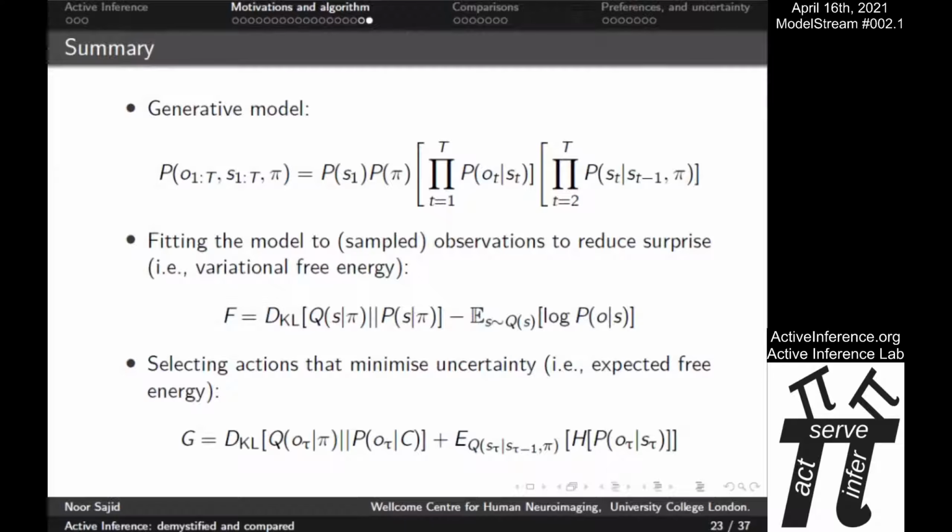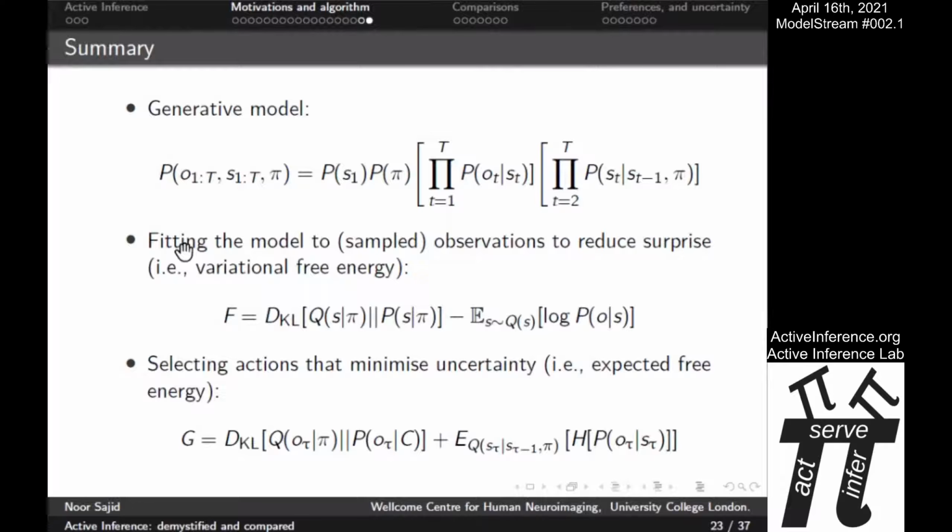And that's described simply, I'm not including any of the model parameters here, but you can have your outcomes, your states, and your policies. And these are decomposed into, sorry, there's an error with the brackets here, but these are decomposed into your prior, your likelihood, and your transition function.